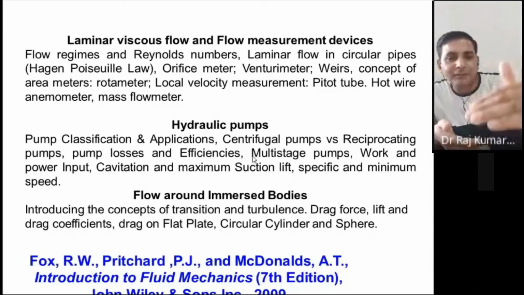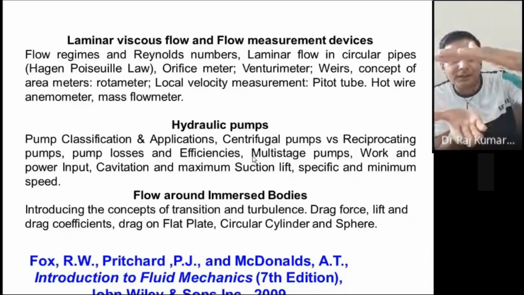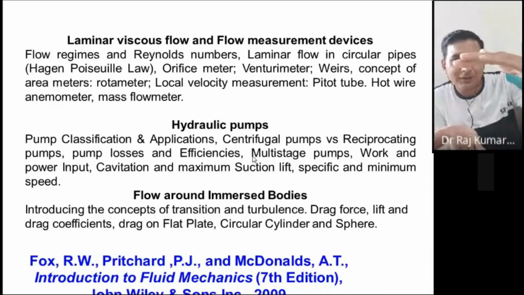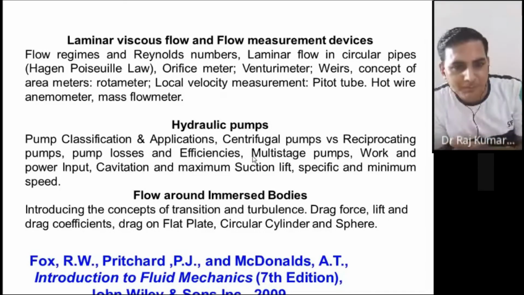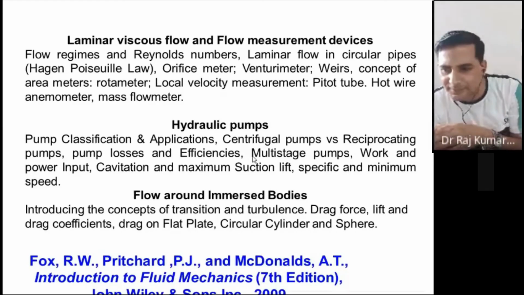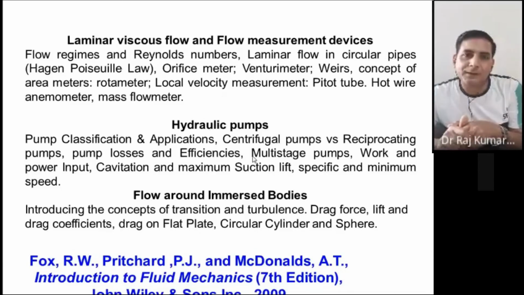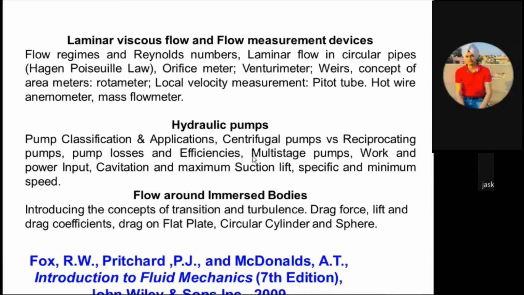So at each 30 feet, you will have one more pump because the suction lift is 30. Below 30, at 31, it will not suck the water. So that's called suction lift actually, the depth from where the water can be lifted by the pump. Fine. Then you have the specific speed of the pump and what speed it would work at.